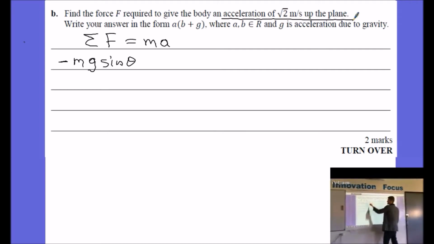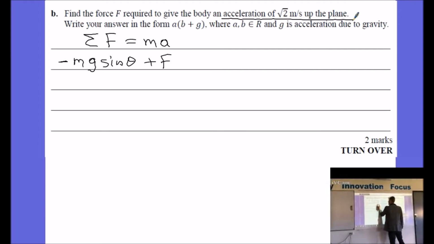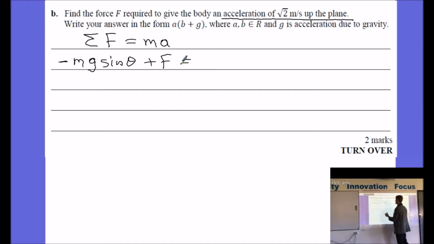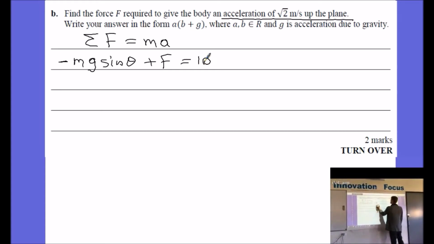Then we have force F, which is heading up the plane, and those two forces must sum to give the total mass times the acceleration. So a mass of 10 kilograms multiplied by the acceleration, there we go.